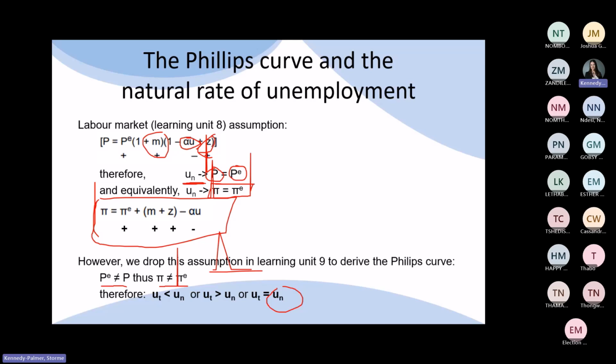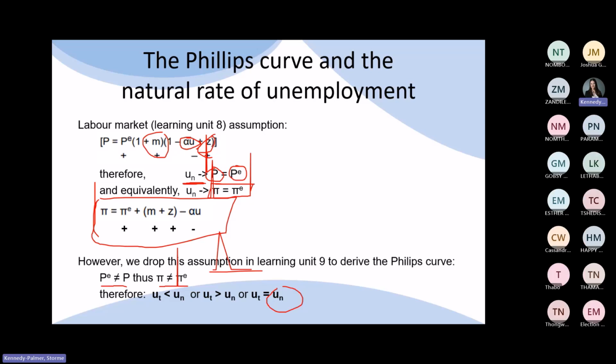So think of the natural rate of unemployment like the speed limit on a highway. If the cars, or in this case the economy, go faster than the limit, i.e. unemployment is lower than the natural rate, then there will be overheating or higher inflation.